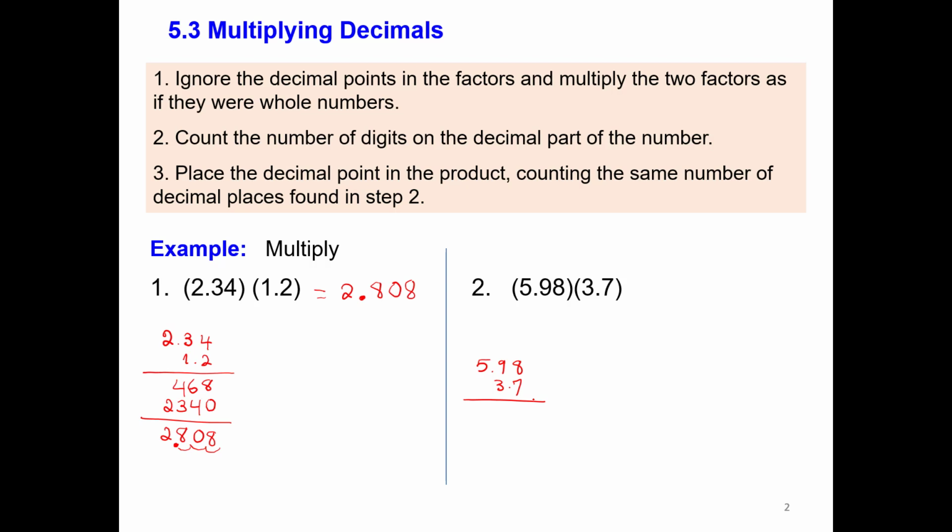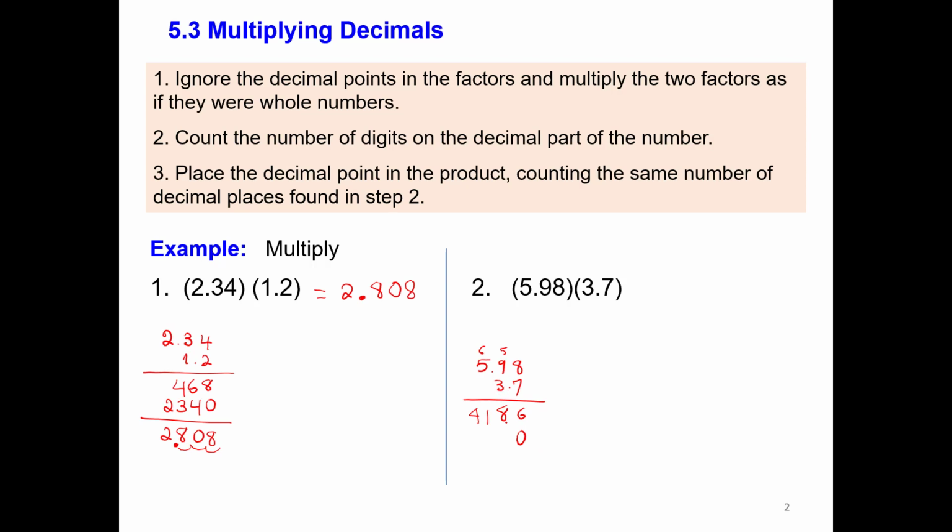Let's multiply. 7 times 9 is 63, carry the 6. 7 times 8 is 56, plus 6 is 62, carry the 6. 7 times 5 is 35, plus 6 is 41. 3 is in the 10s place, and we need to fill in this place with 0.